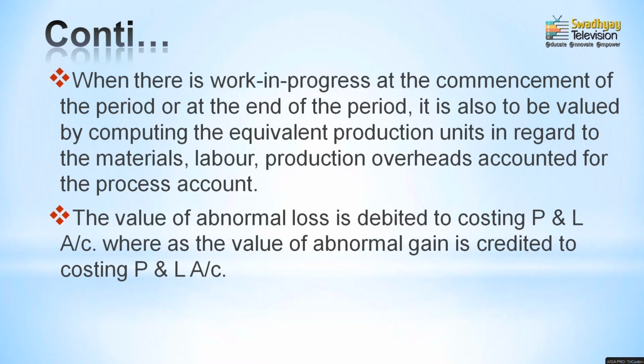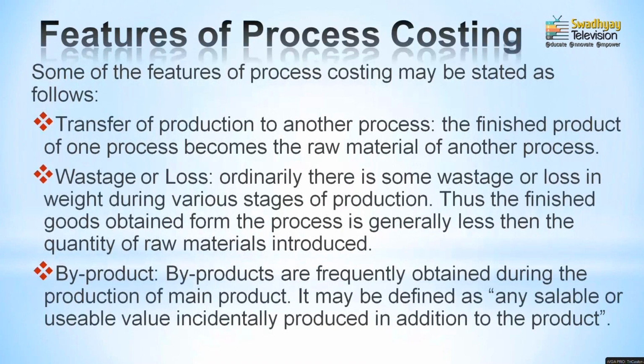This costing profit and loss account would be helpful to identify the net amount of profit and loss at the end of all the different processes. So, this is the way to calculate the cost in a process account. This is the determination of cost calculations if you apply the process costing method in a manufacturing unit.